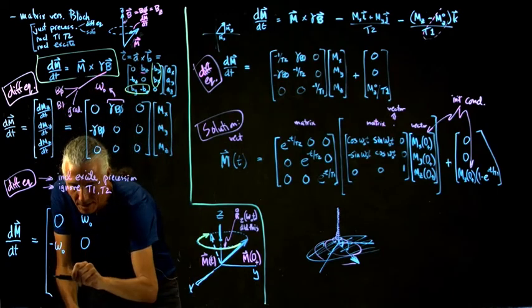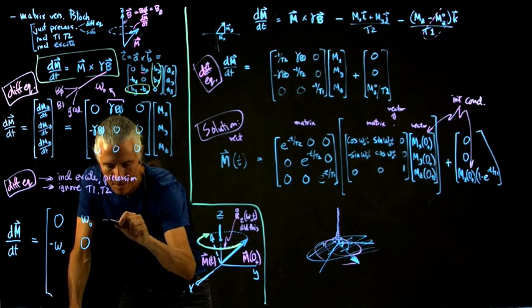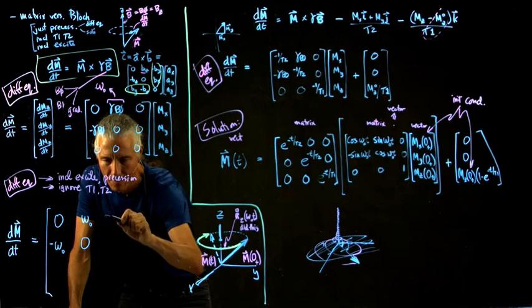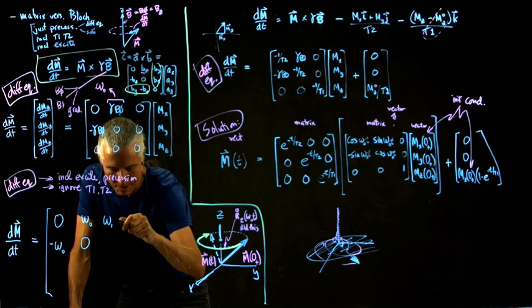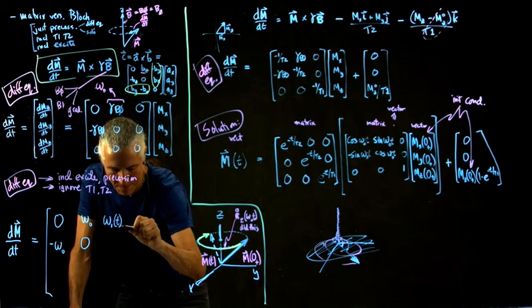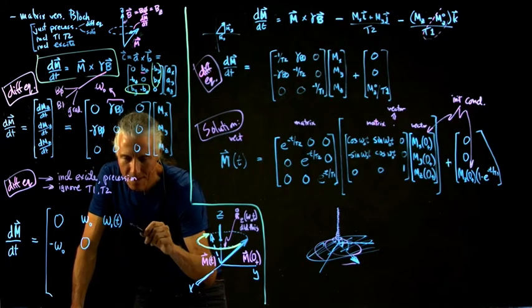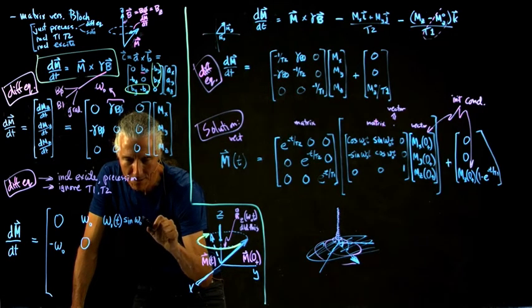We have a frequency of the B1 field, that's what the 1 is for, at a particular time. The frequency can change at different times, multiplied by where it is around the circle.